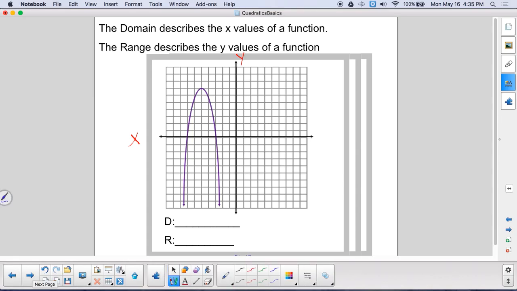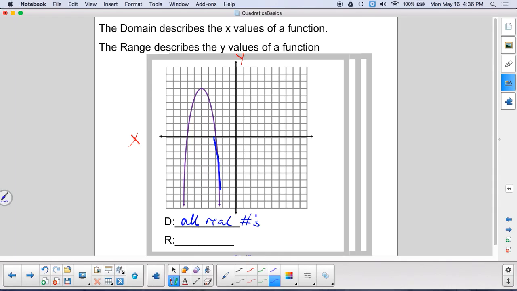So if I look at this parabola, the x values that I'm allowed to plug in, well, this graph keeps going forever, and it's going to spread out, and eventually go down towards negative infinity. Domain on all parabolas is actually all the same. It's all real numbers. You can plug anything in.